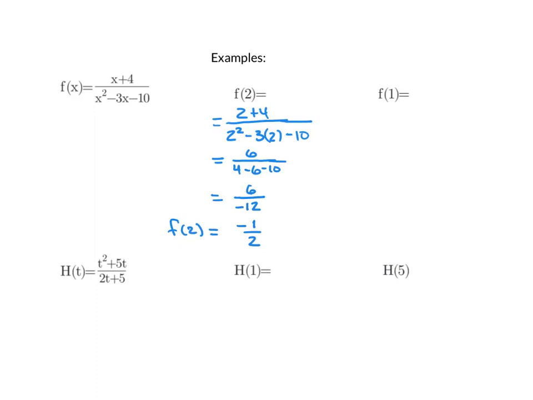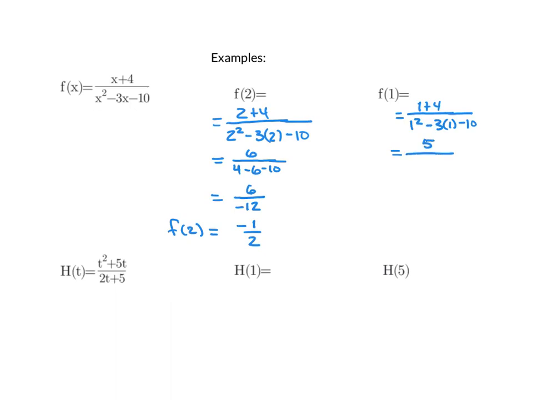Similarly, if we do f of 1, we plug in and get 1 plus 4 over 1 squared minus 3 times 1 minus 10. If we simplify the numerator, 1 plus 4 is 5.